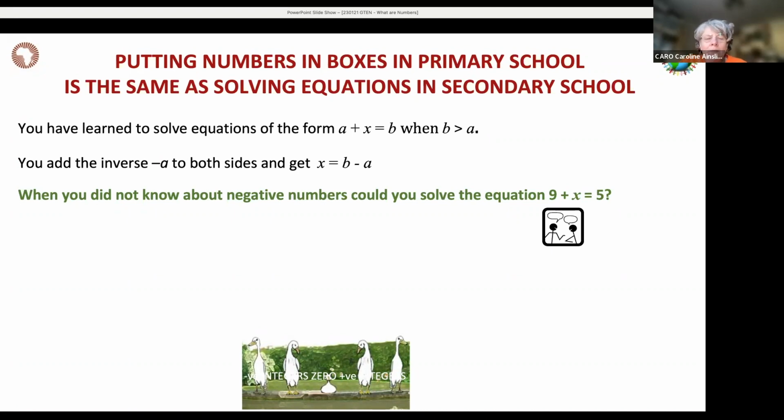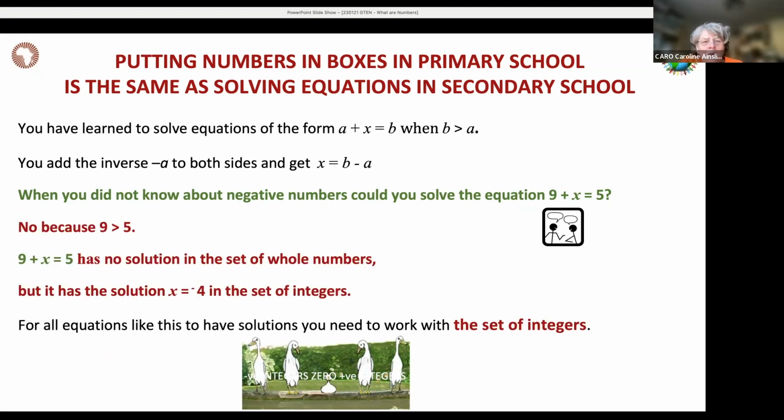So instead of taking a away from both sides, think about saying add the inverse, which is -a, to both sides, which gives you the same result. But you've got the additional element of understanding when you're talking about adding an inverse rather than taking away that number. It's why you're taking away the a from both sides: because you need to add the inverse to get 0.